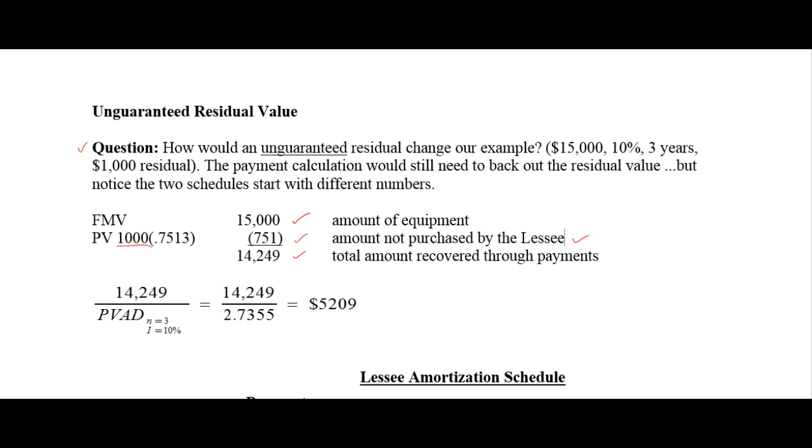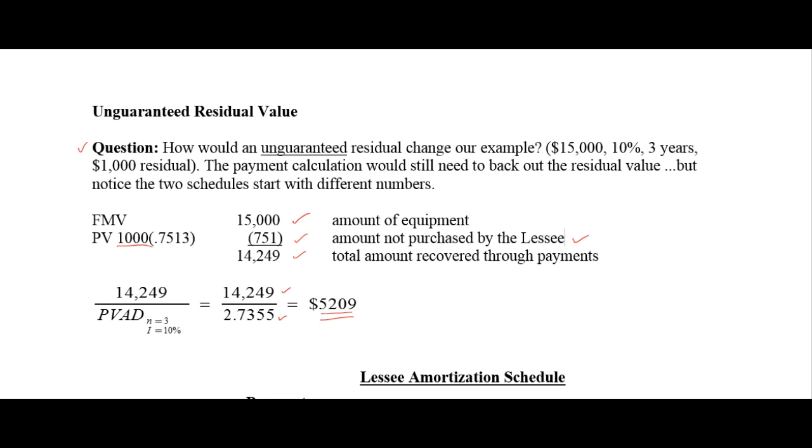They purchased not $15,000 worth of equipment, but $14,249 worth. You still divide it by a present value annuity due interest factor to solve for the payment, or use your calculators, and you still come up with the payment being $5,209. So it's the same for bargain purchase options, guaranteed residual values, and unguaranteed residual values as far as payment calculations go.